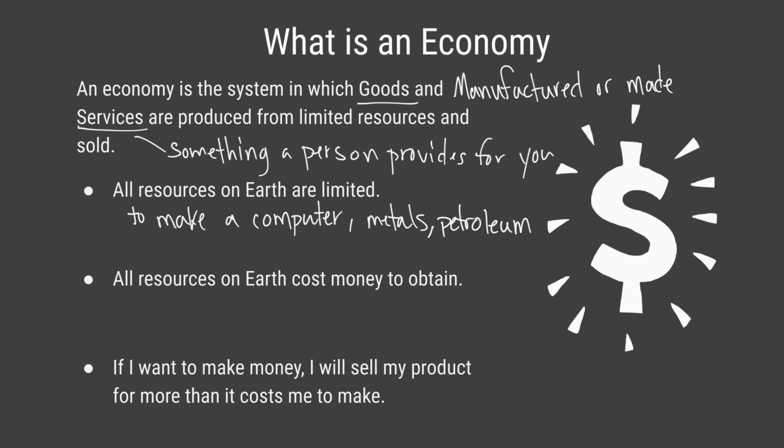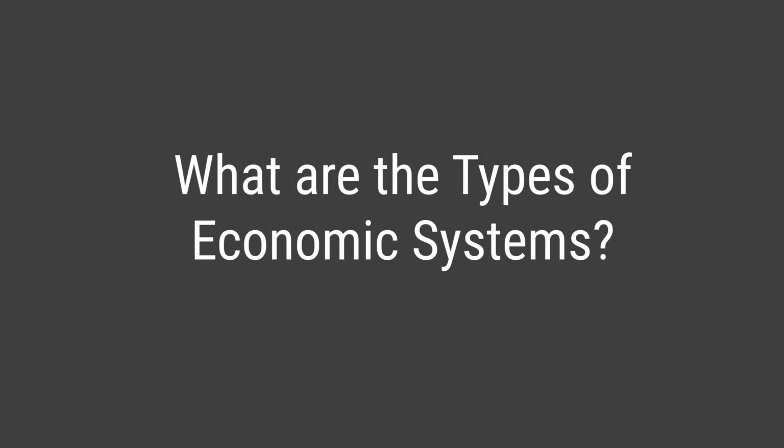I won't make any money. I might sell that computer for $700 or $800 so that I can make $300 per computer and grow my business. So these are the three truths again. All resources on Earth are limited. All resources on Earth cost money to obtain. And if I want to make money, I will sell my product for more than it costs me to make.